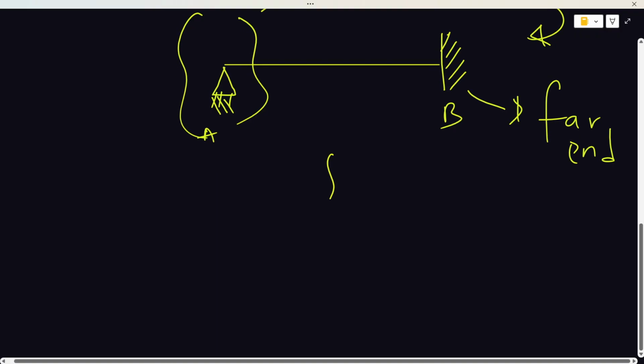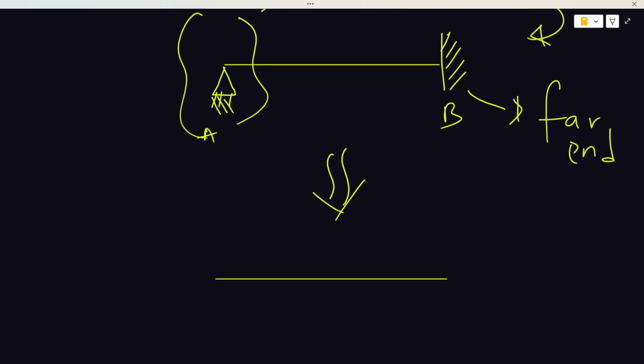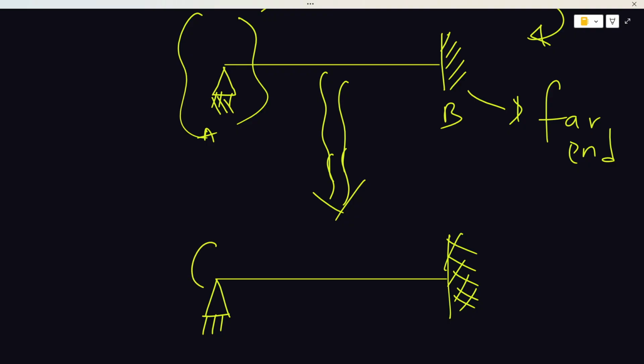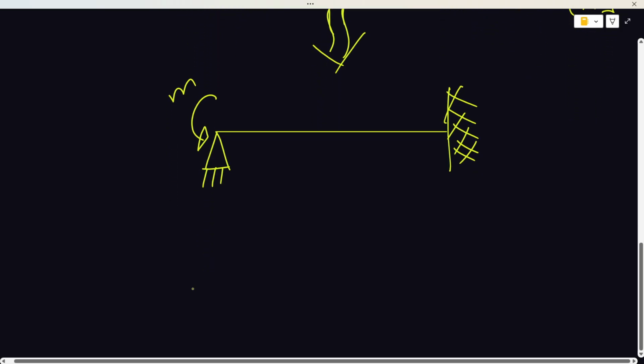Bringing this diagram here again. Once again, if this is the scenario, you must understand something. Let's say a moment was applied at A. Let's give it an anticlockwise moment. It was applied at A. Now, of course, for this, the bending moment diagram looks this way.